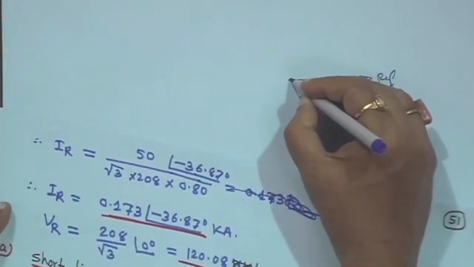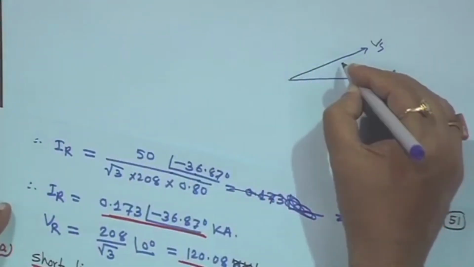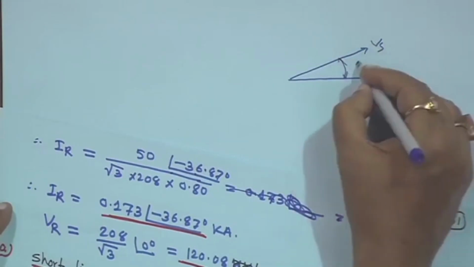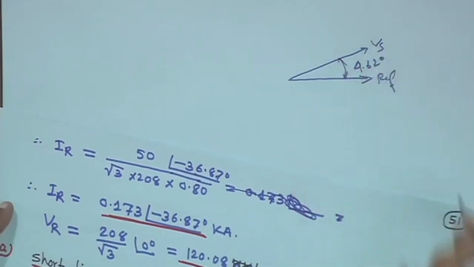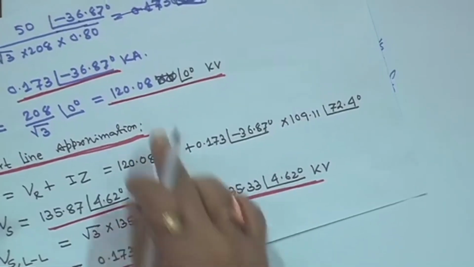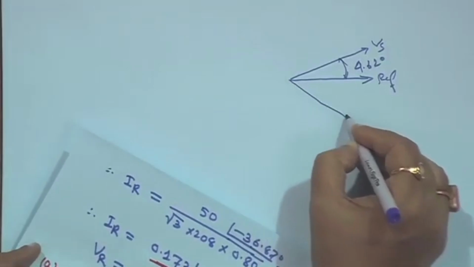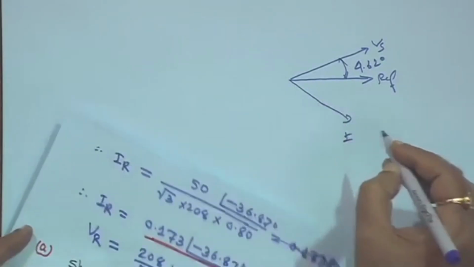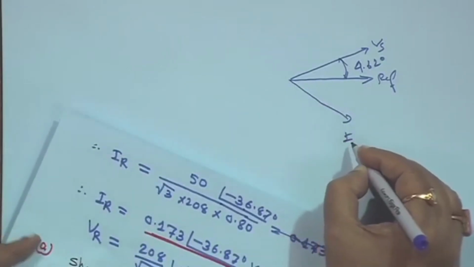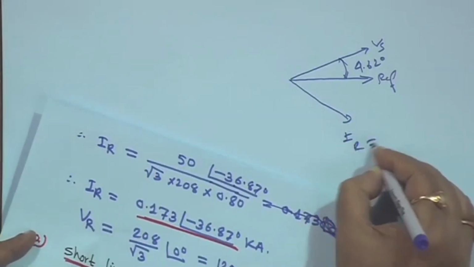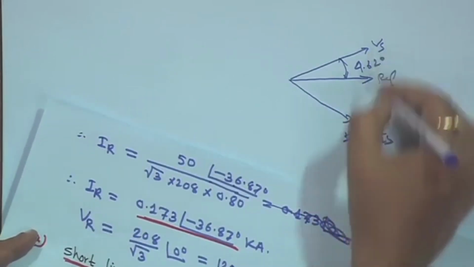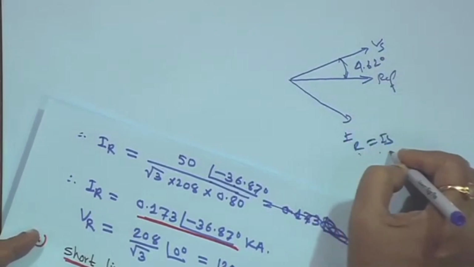So, from this reference line this is your Vs, and this angle is 4.62 degree, right. And current is at minus 36.87. So, this is your current IR, and IR is equal to IS. This is Vs, IS. For a short line IR is equal to IS.